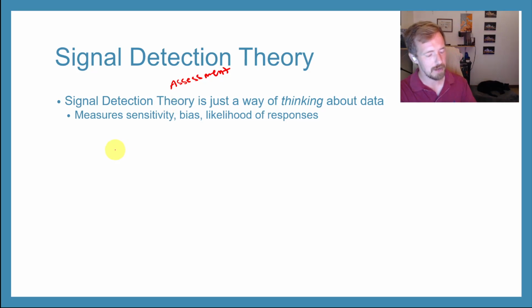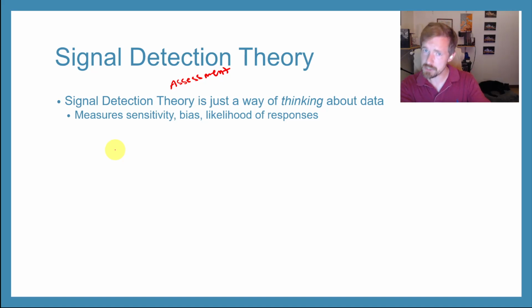Most times when we think about a test or an inventory, a personality scale, when we're just analyzing it, we might add up all the values, or we might get the average, the mean, the median, the mode. Signal detection theory is a different way of looking at it. You can look at means and cumulative effects and sums, but we can also look at how sensitive certain measures or inventories are.